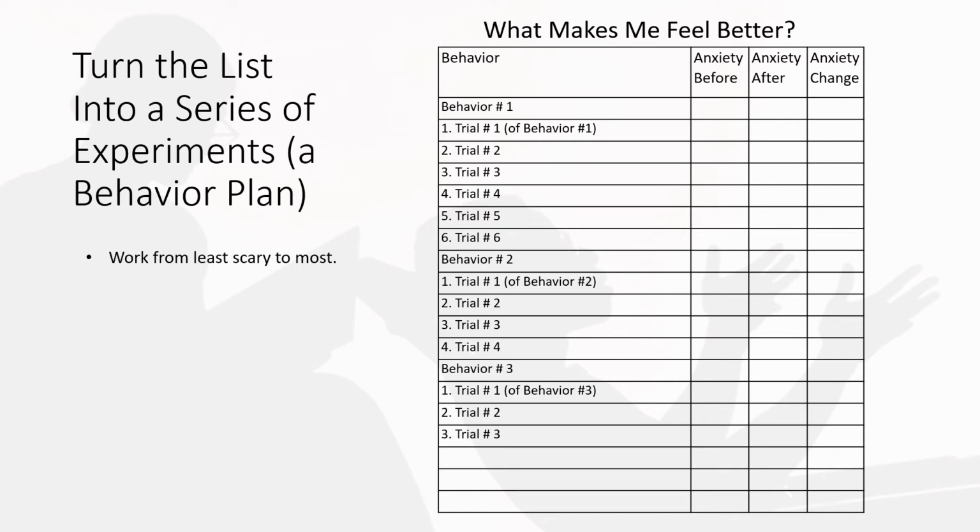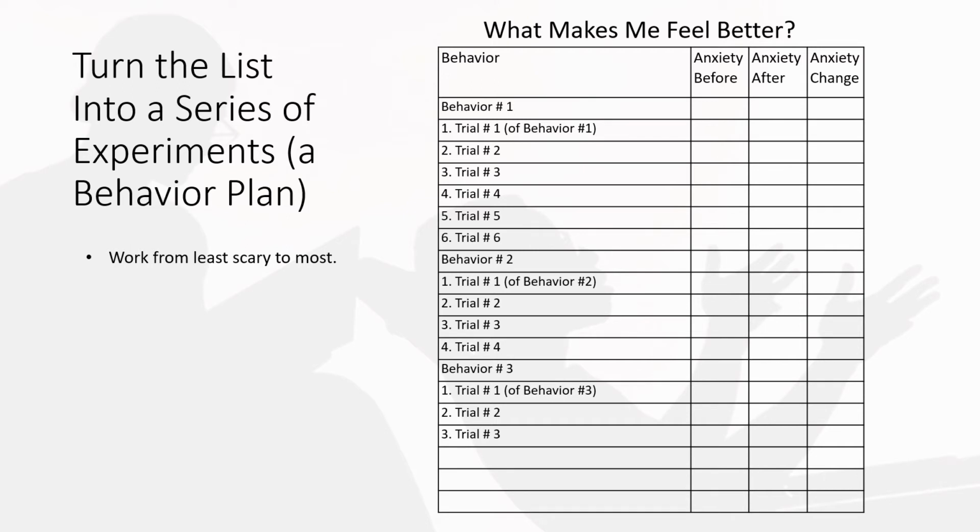We want to measure how anxious we are about saying hi to a stranger in line at a coffee shop before, how anxious we are about it after, and how much our anxiety has changed. Again, we're going to use this scale of 0 to 100. We're going to do it multiple times and record it each time. The second behavior might be to call a family member who makes them anxious.